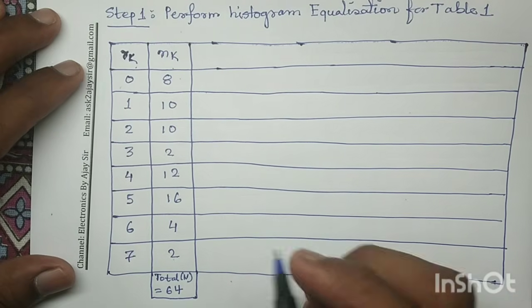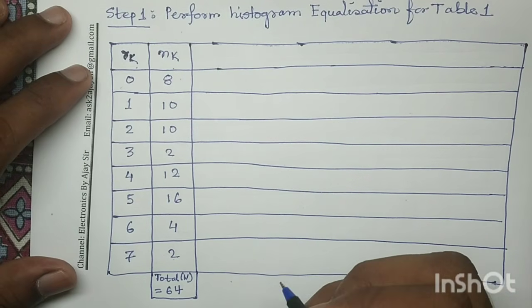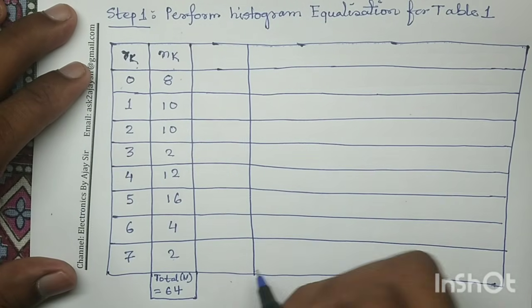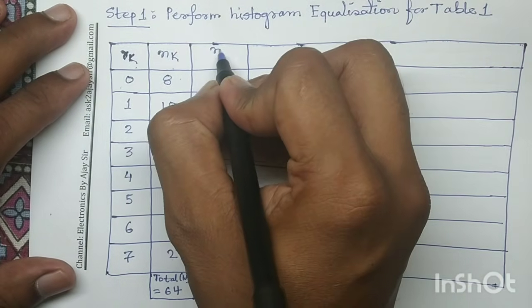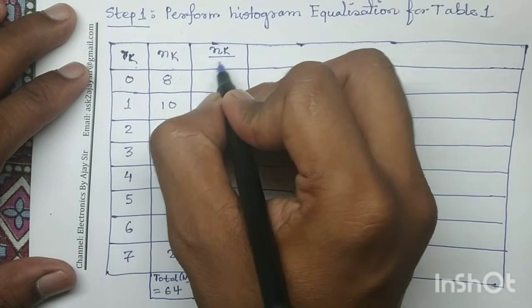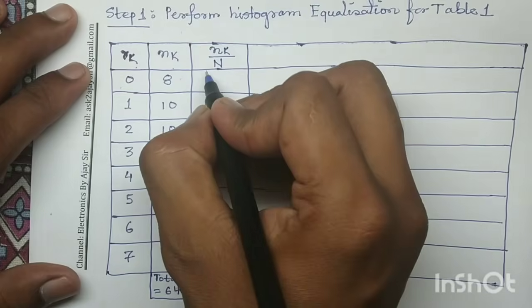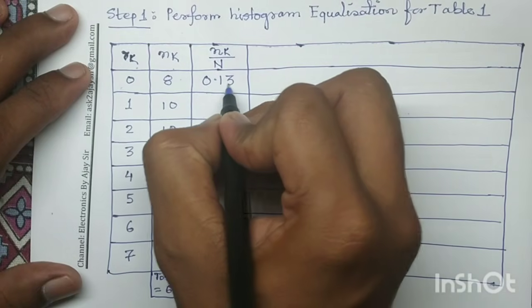So after writing rk and nk, next we will normalize this nk, that is, we will determine the probability density function. The equation of the probability density function is nk by N. 8 divided by 64, up to 2 decimal places, the result is 0.13.